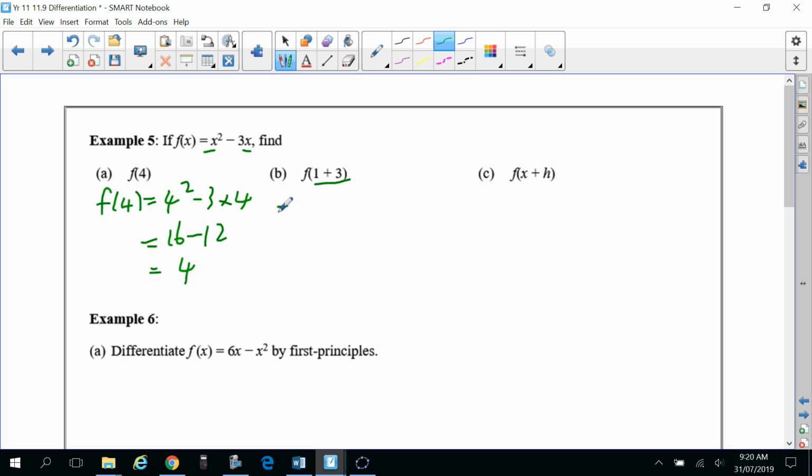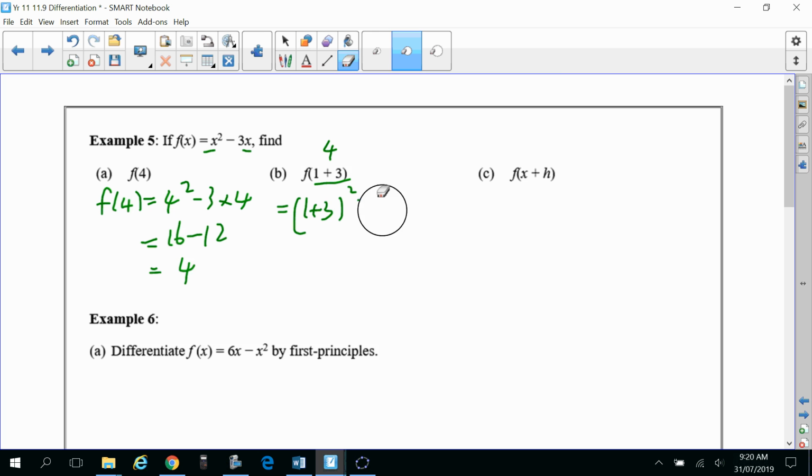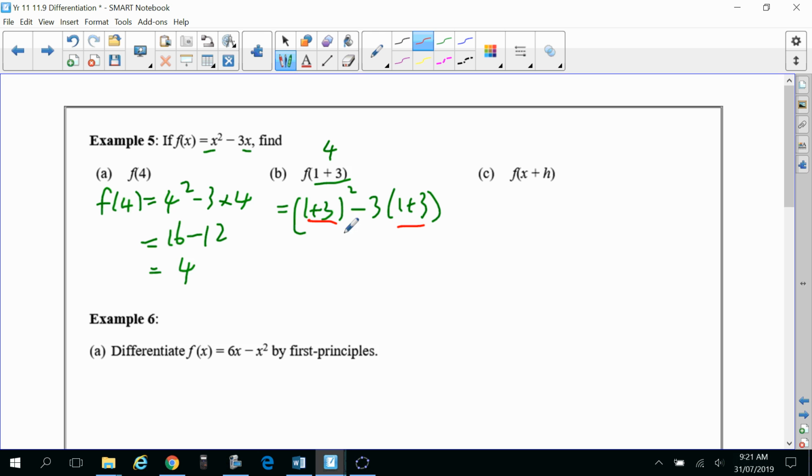It's exactly the same thing. 1 plus 3 is 4. You just have to go (1 plus 3) squared and then 3 times (1 plus 3). Hopefully it makes sense, right? And these become 4. Right? So each time you see x, whatever's inside gets replaced by whatever's here.